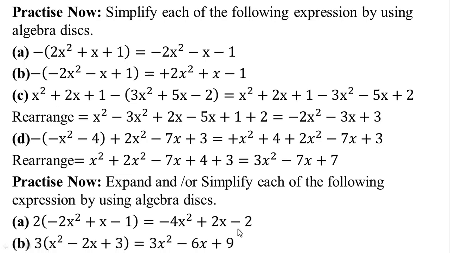Now in B part, 3 into x square minus 2x plus 3. 3 is multiplied by each term. 3 ones are 3x square, minus 3 twos are 6x, plus 3 threes are 9. So the answer of B part is 3x square minus 6x plus 9.